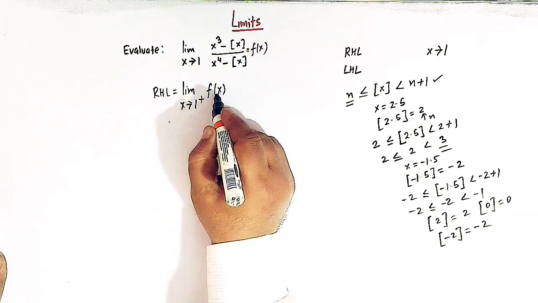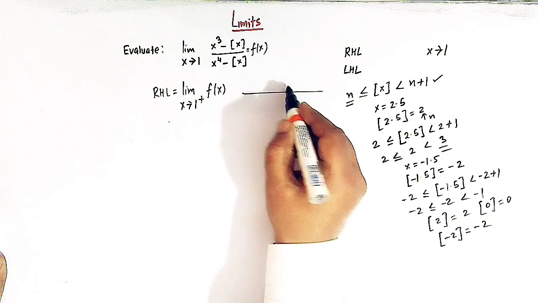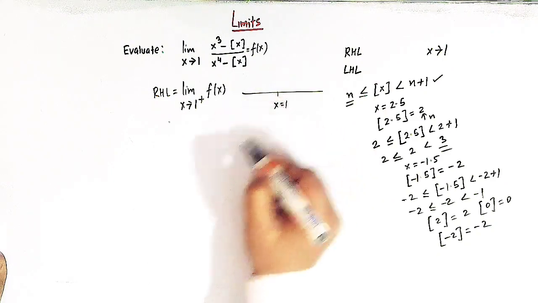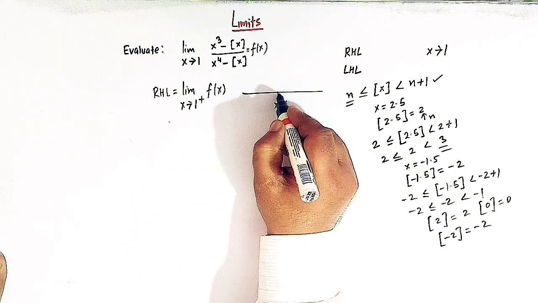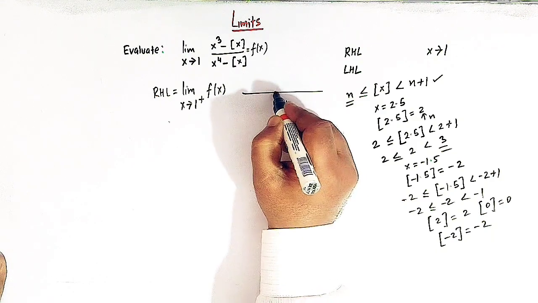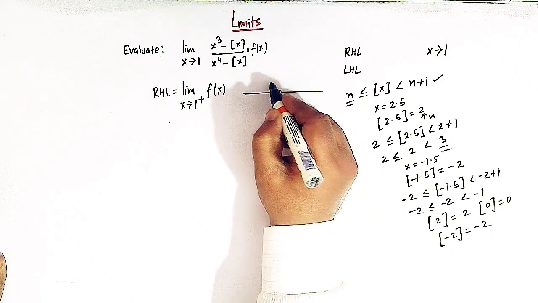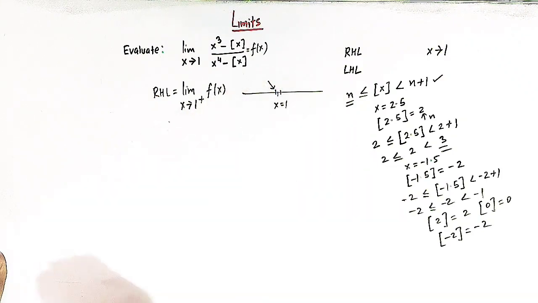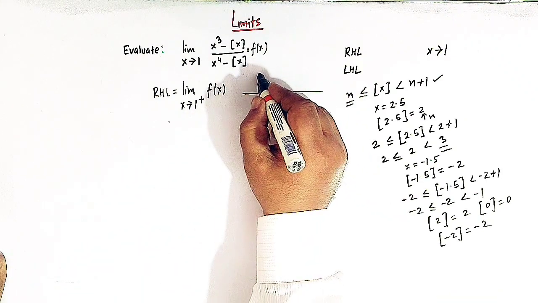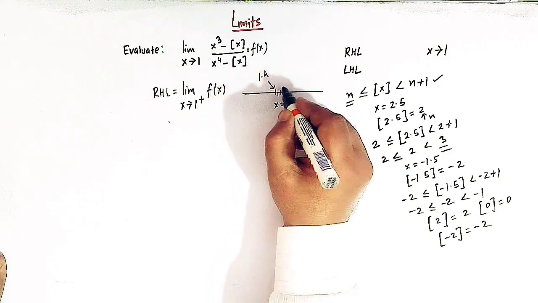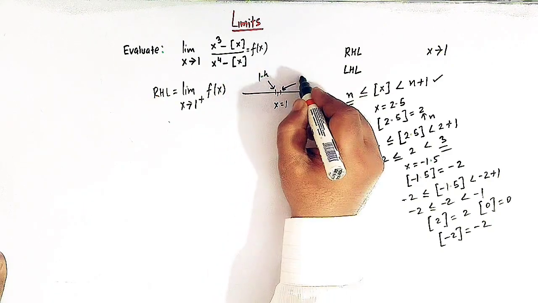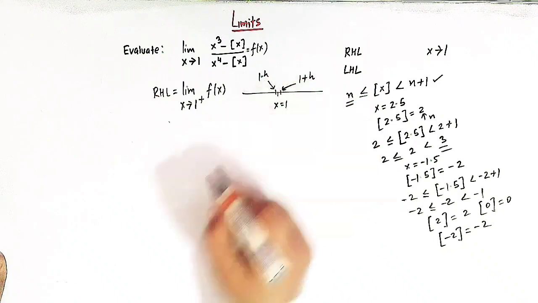Here we have x equal to 1, and we'll take 2 points in the neighborhood of x equal to 1, one towards the left and one towards the right. The left neighborhood is given by 1 minus h and the right neighborhood is given by 1 plus h.